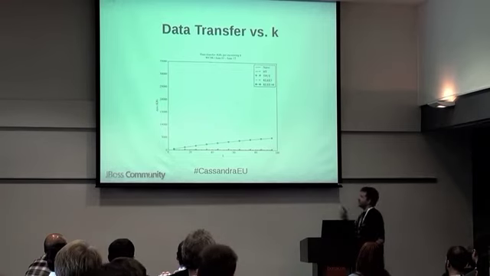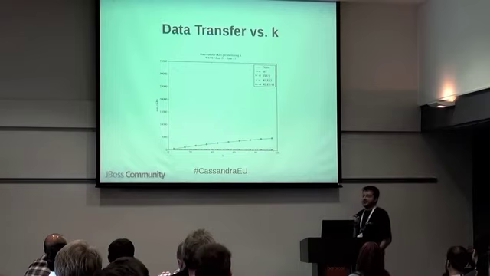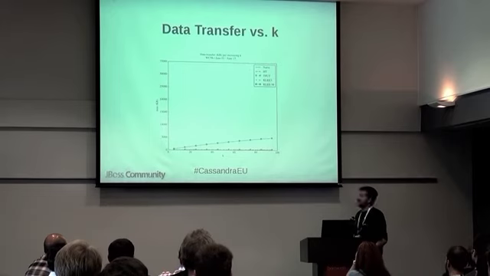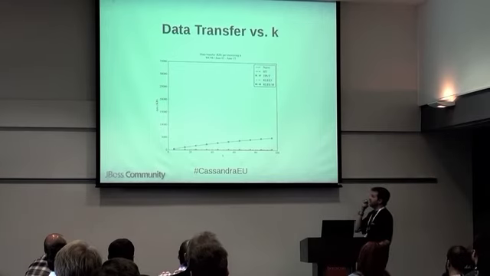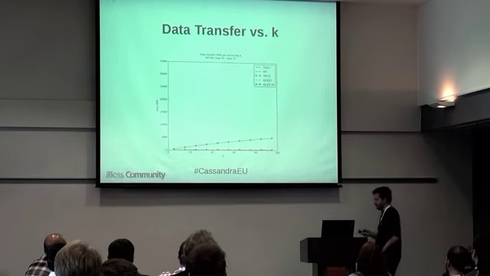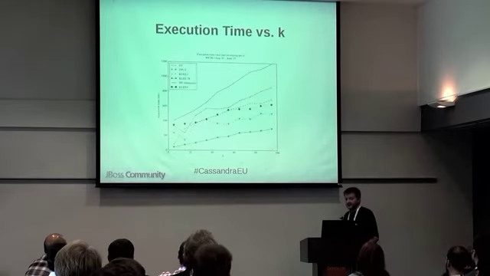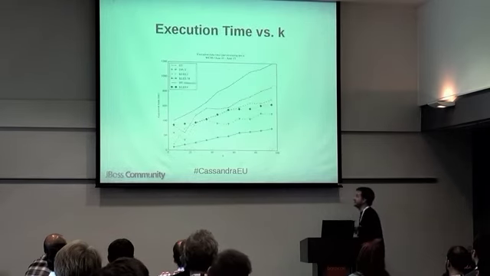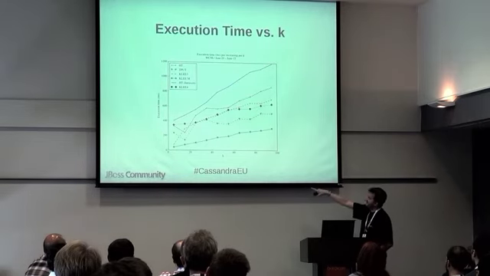And the one to watch is that slightly sloped line. That at first glance looks like it's the worst of the clever algorithms. It's transferring quite a lot of data compared to the other ones, particularly as K grows. That's actually a variation we developed specifically for Cassandra, and the reason why is that when you look at execution time rather than data transfer, suddenly that line is down at the bottom.